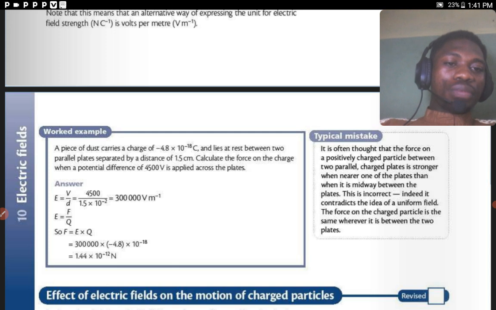This is incorrect. Indeed, it contradicts the idea of a uniform field. The force on the charged particle is the same wherever it is between the two plates.